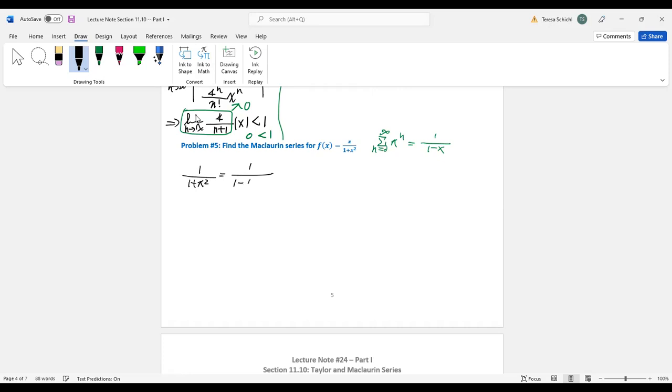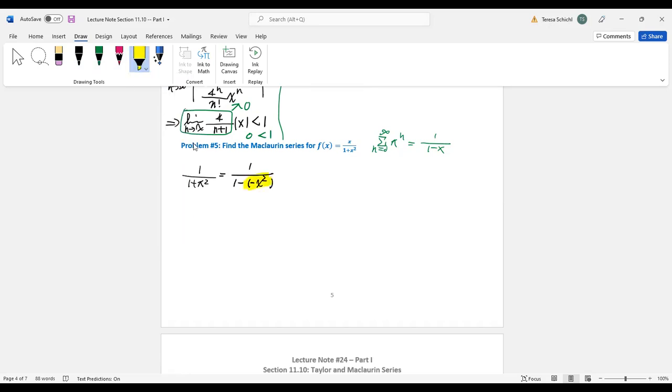Okay, so let's do a little bit. So it's 1 minus negative x squared, right? So this is 1 plus x squared, so I can treat this as 1 minus negative x squared, correct? Now let's take a look at what is my purple and yellow.